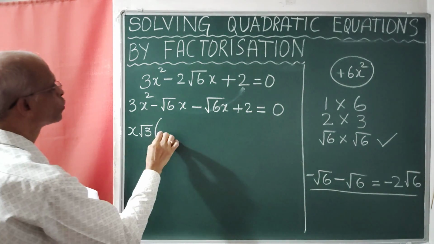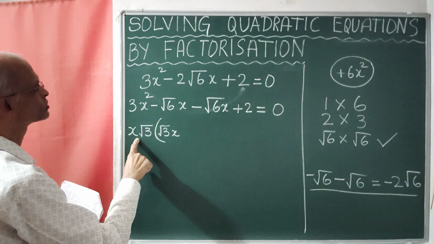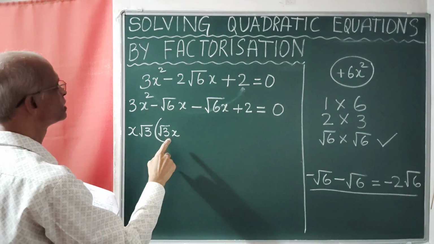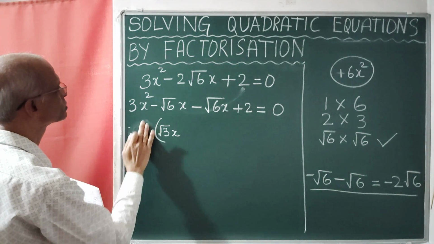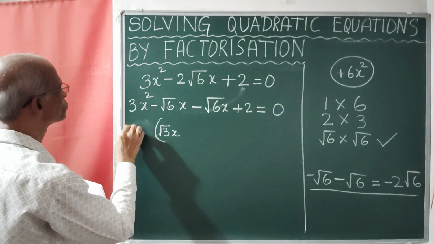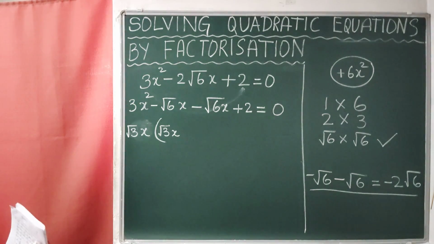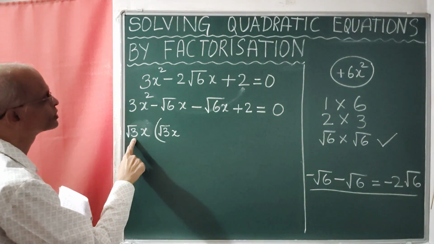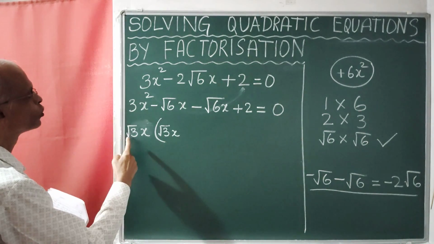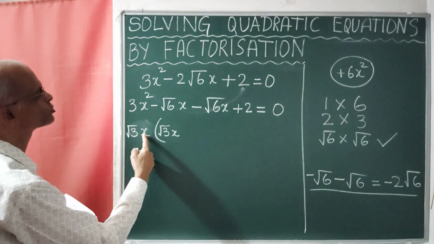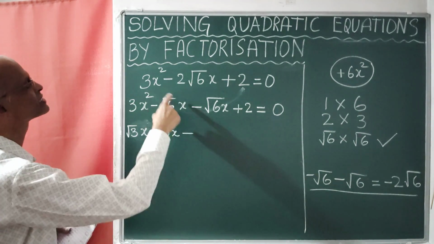So root 3x, root 3 into root 3x. Root 3x into root 3x, I'll get 3x square, because root 3 into root 3 is 3 and x into x is x square. Now I want minus root 6.